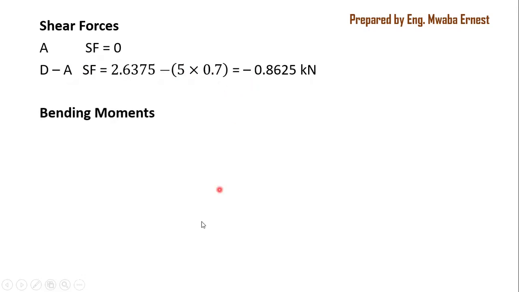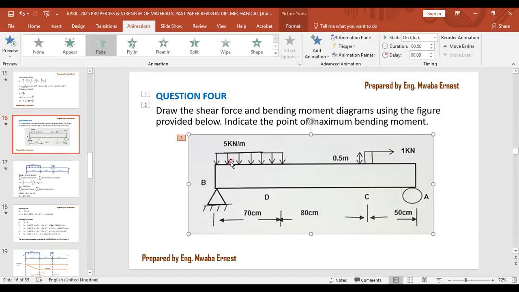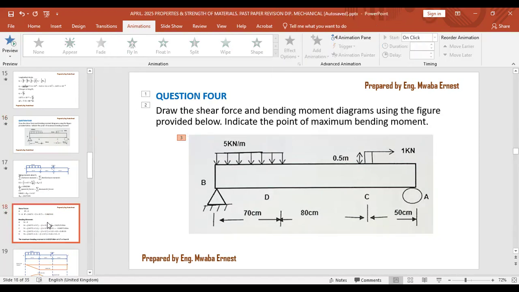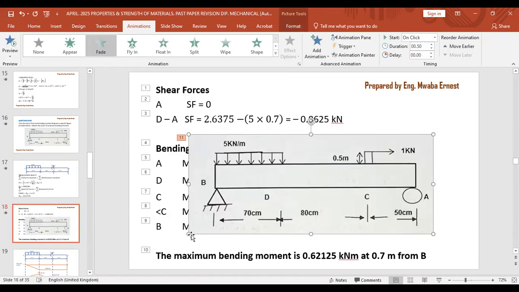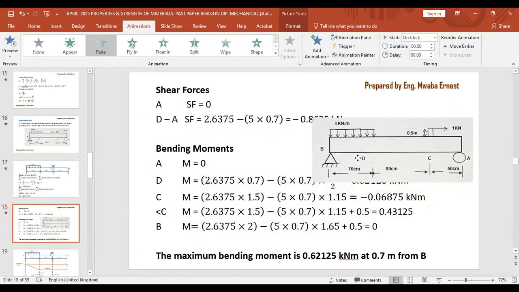The bending moments, in fact, let me bring this diagram here so that we're able to follow through with it. Just a quick one. I bring it here so that we don't have to start wondering where it is. So as for the bending moment, just do this and put it there.